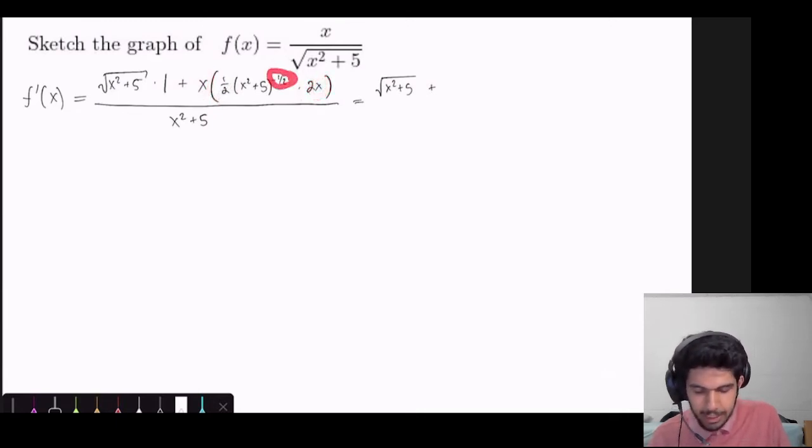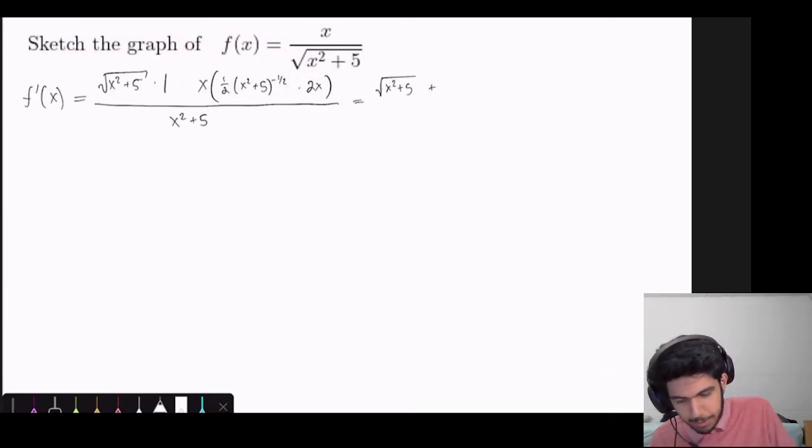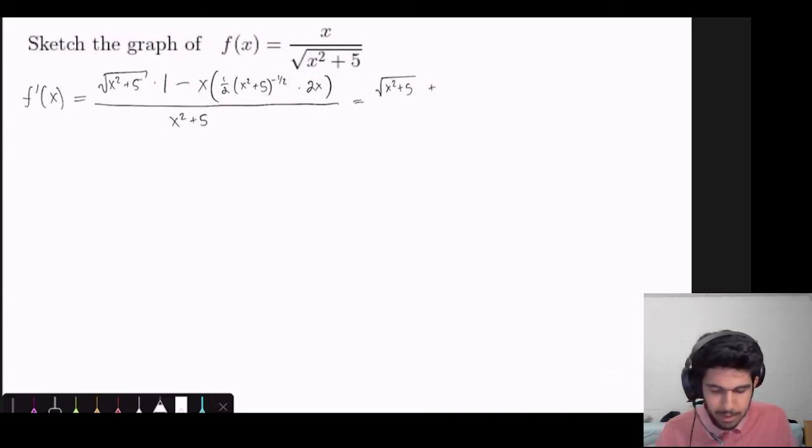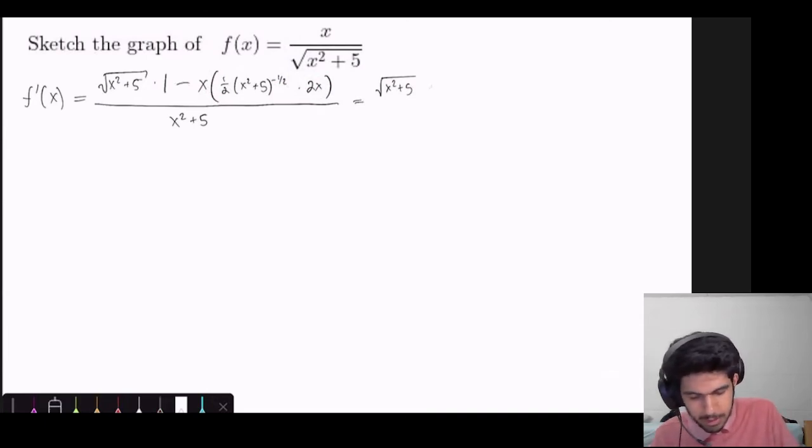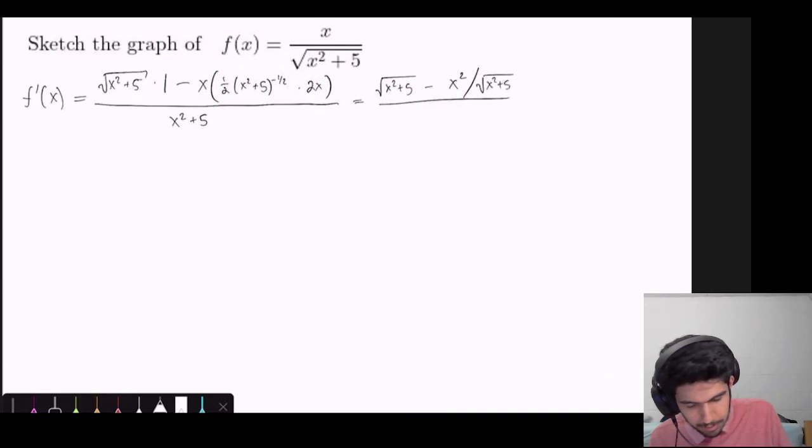And this is to the negative 1/2 power, so that's going to go in the denominator, and that'll be a square root. Am I missing something? Yes, I am missing something. It should not be a plus sign, it should be a minus sign. So this would become minus x squared divided by the square root of x squared plus 5, all of this over x squared plus 5.